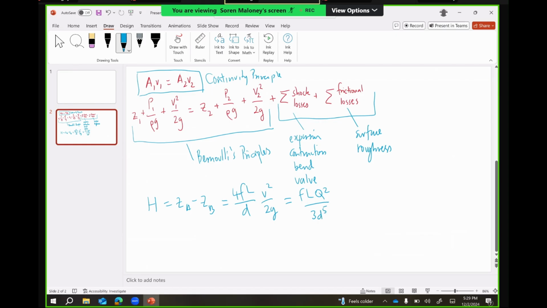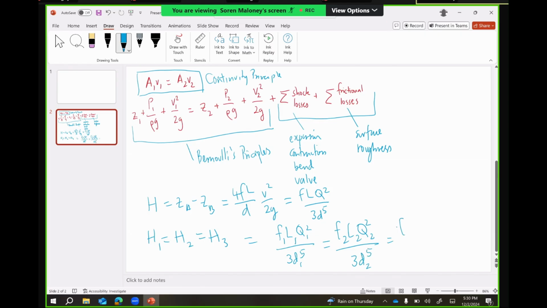But remember, we said that our H1 is equal to H2 for each pipe. Which means I can write F1 L1 Q1 squared over 3D1 to the 5th, that's the first pipe, equal to F2 L2 Q2 squared over 3D2 to the 5th, equal to F3 L3 Q3 squared over 3D3 to the 5th.